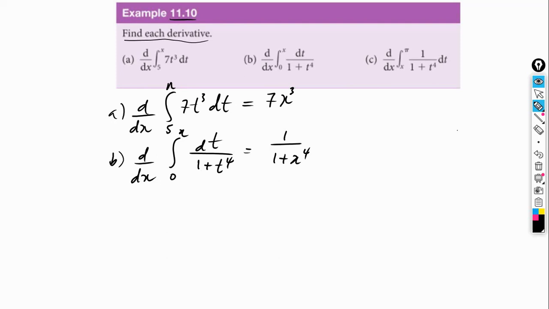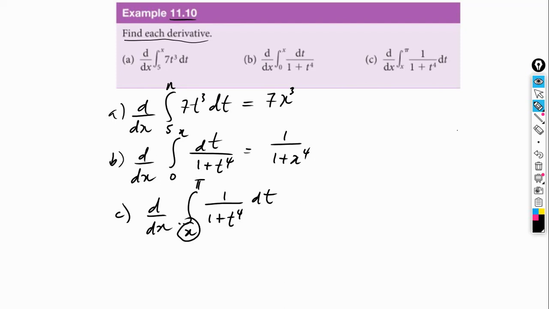For C, we have a little bit of a difficulty because if you notice, it says from x to pi, and they want us to find the derivative of the integral from x to pi of 1 over 1 plus t to the 4 dt. So the problem here is that the bottom of the integral, the left-hand side of the interval, is not a constant.